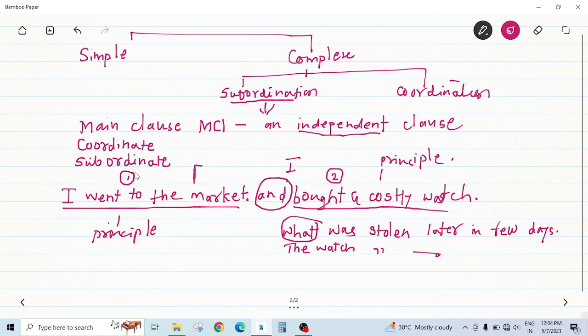Now what is important here is that these two clauses, which are main clauses, are joined by the coordinating conjunction and, and therefore I went to market and bought a costly watch. This becomes a complex sentence. Now further, we also attach this third clause to the second clause by a relative word which.